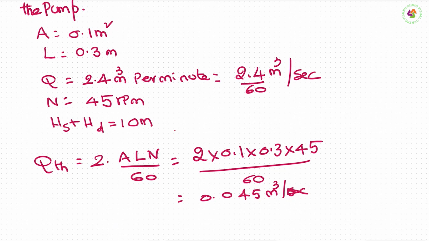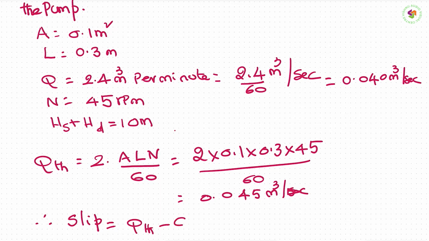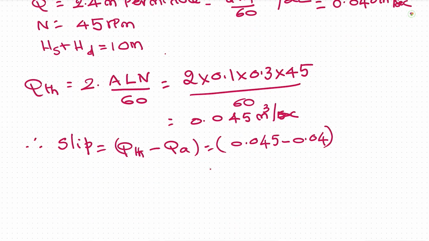Then Q actual is equal to 2.4 by 60, I'm getting 0.040 meter cube per second. Therefore, slip is equal to theoretical discharge minus actual discharge. So it is 0.045 minus 0.04. This is the slip, which is equal to 0.005 meter cube per second. Over.